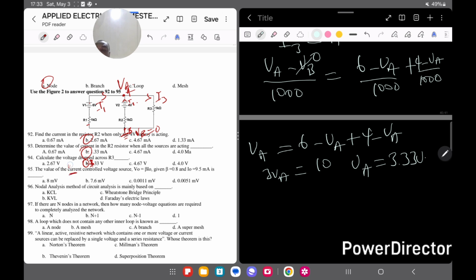There's a mistake here too as well. It's supposed to be voltage here. Supposed to be voltage, okay?